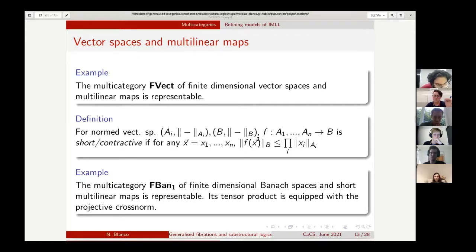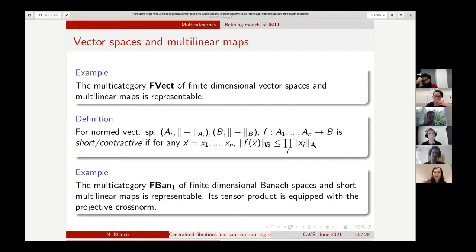So it's saying if I take many inputs like that and I feed F, I want the norm of the image to be less than or equal to the product of all the norms of my inputs. And so in particular, if all of the x's there are of norm less than 1, then this thing should be of norm less than 1.